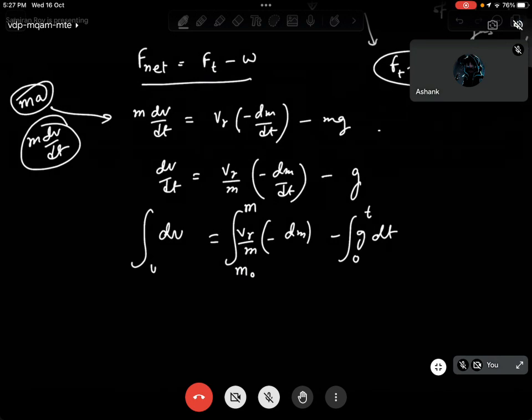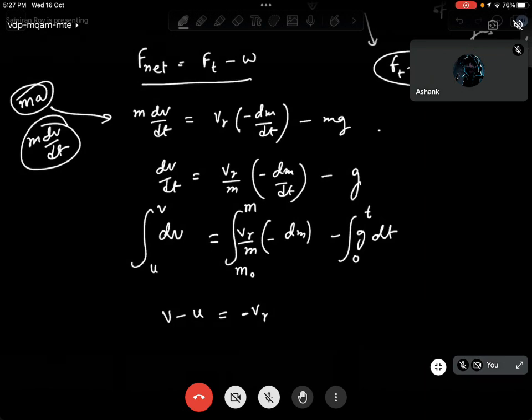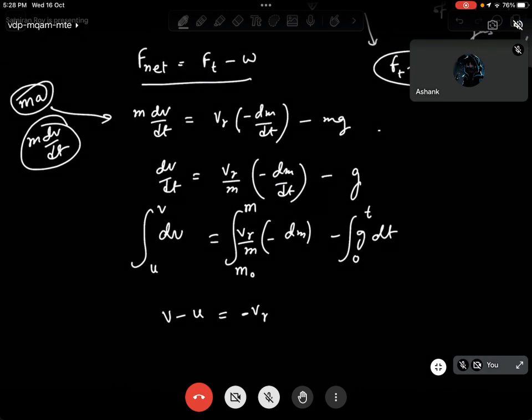U to V. So I'll write V minus U equals VR times the integration of dm by m. What is the integration of dm by m? Medhanj, what is the integration of dm by m? Yeah, correct. ln of m by m0.